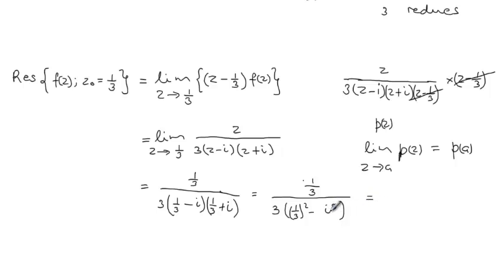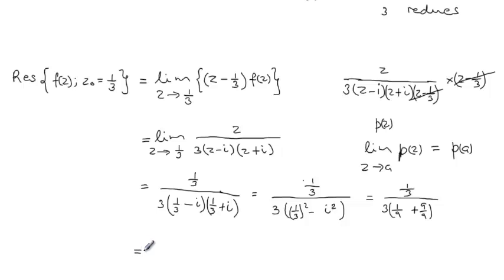We all know that i² gives us −1. Then you're going to have 1/9 minus −1, which is +1. Then we're going to have 1/3 over 3 times (1/9 + 1), where 1 is simply 9/9.